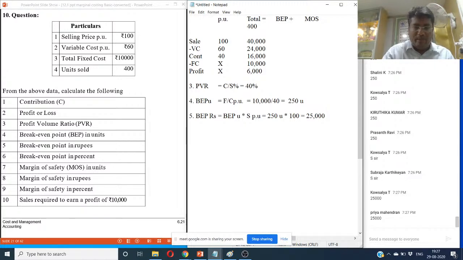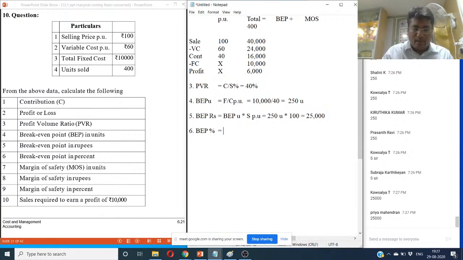Sixth one is BEP in percentage. BEP percentage appadinguradhu onnum kidayaadhu. Out of the total sales-la BEP evvalavu percentage-la attain panna? Total sales being 40,000, here BEP value is 25,000, then at what percentage we are attaining the BEP in total sales?